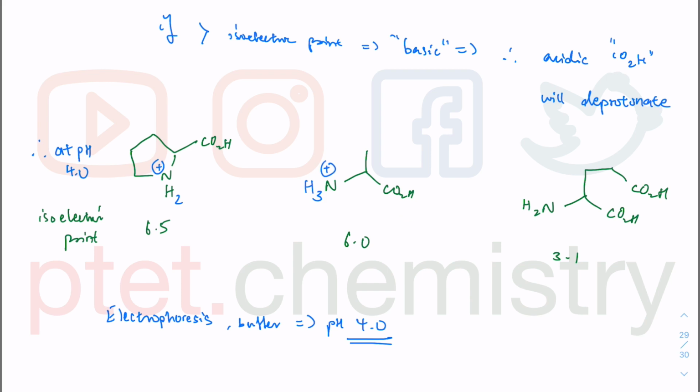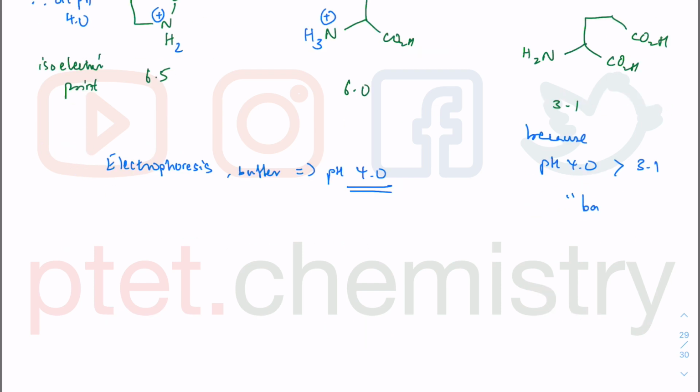Onto the one with isoelectric point 3.1: this is lesser than the buffer pH, so it will deprotonate at 4.0 because this pH is higher than the isoelectric point. So it will not protonate there. It's in a basic environment because pH 4.0 is greater than 3.1, the isoelectric point for this acid. So you are essentially in a basic environment.